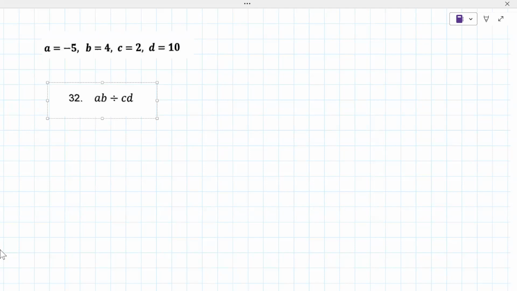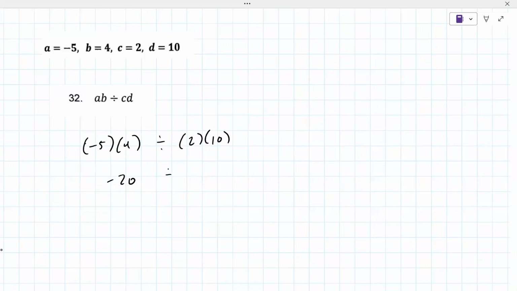Would it equal -1? Very good. Yeah, it's -5 times 4 divided by 2 times 10. -20 divided by 20 is -1. Good. How would you rate the difficulty of that question?